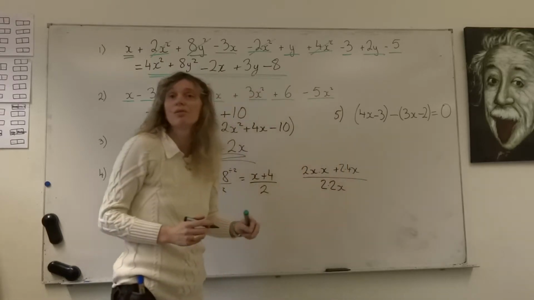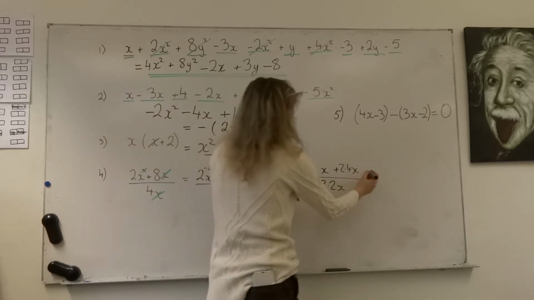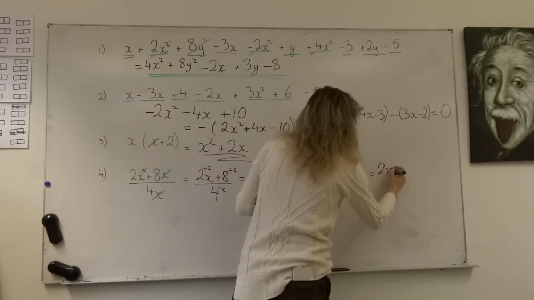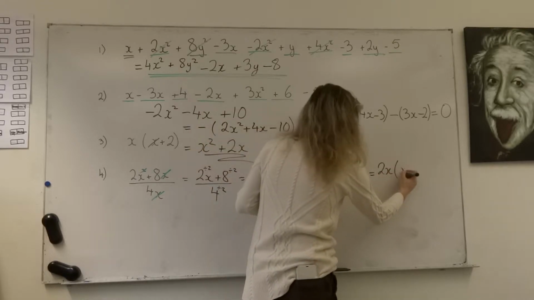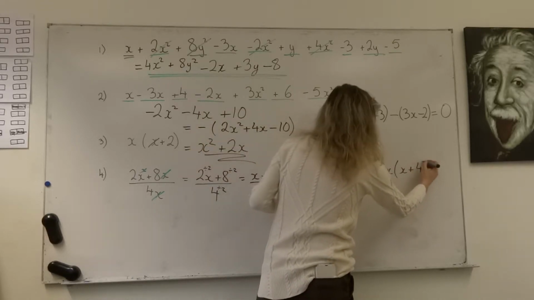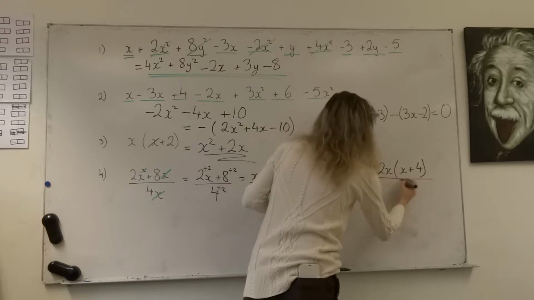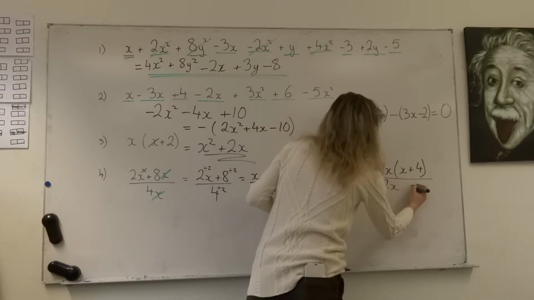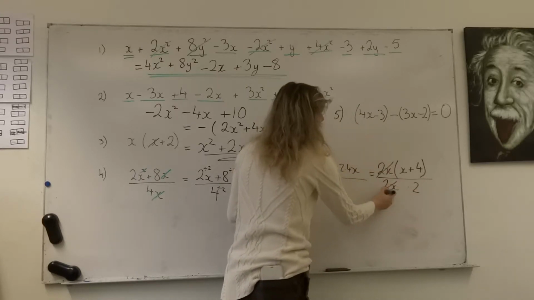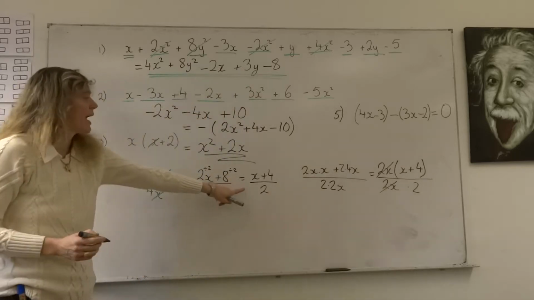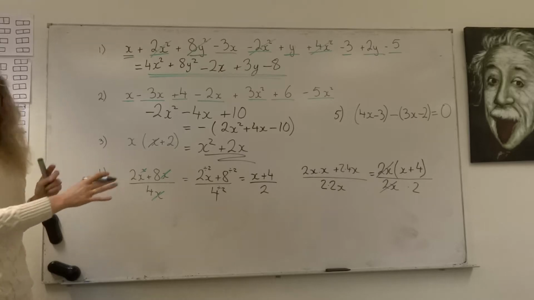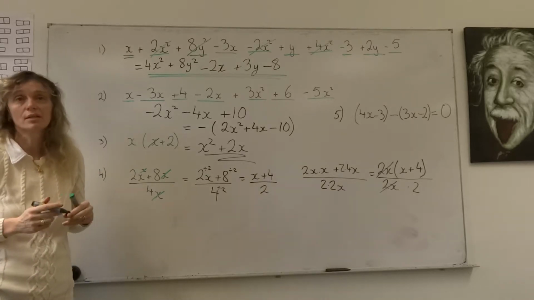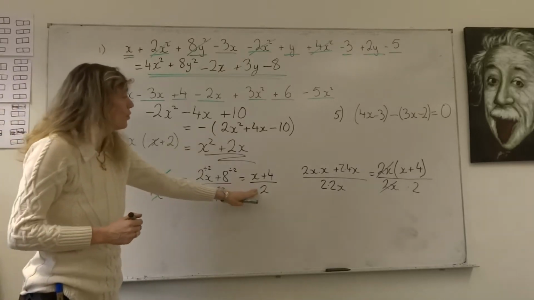If you do this, you can really see which ones can easily be factorized. You can take 2x out the front, up here, and then you'd get x plus 4. And down the bottom, you've got 2x times 2. Now the 2x divides by the 2x, giving you x plus 4, all divided by 2. And you can use whichever of those methods you think is easiest. But the answer is x plus 4 divided by 2.